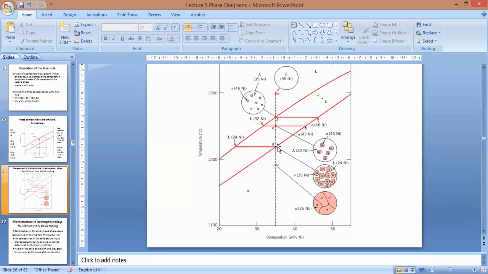Moving on to D. D is on the solidus line, the line that is separating the solid phase from the intermediate phase. So your solidus line here, what does it mean? It basically means that you have a much greater portion of your microstructure composed of solids than liquids.